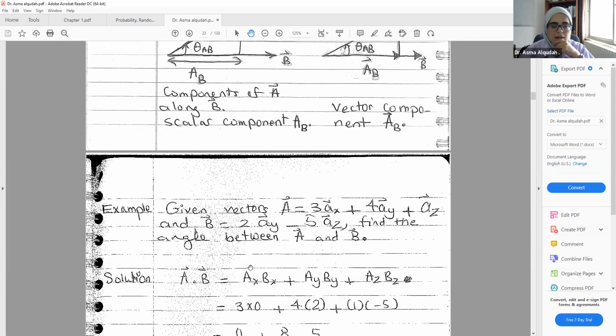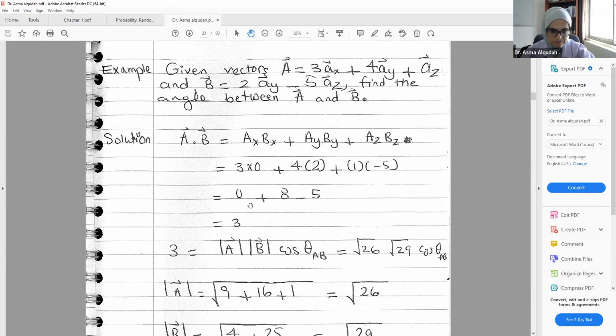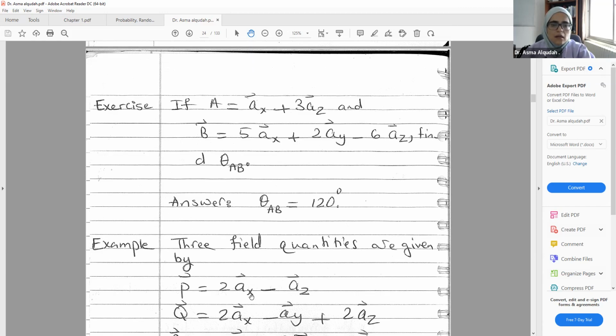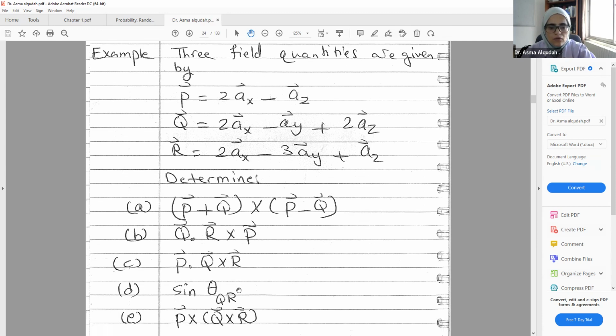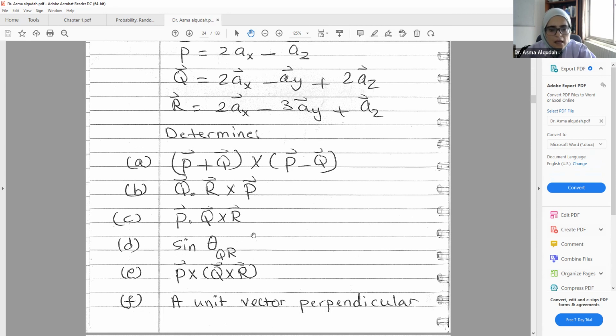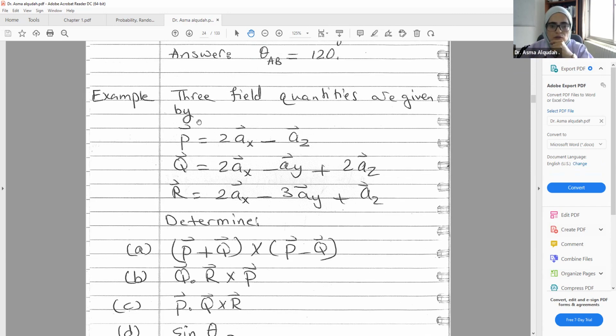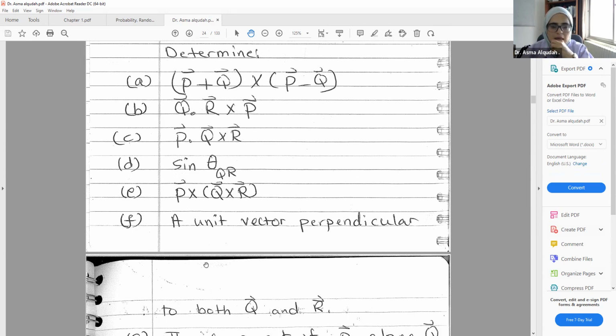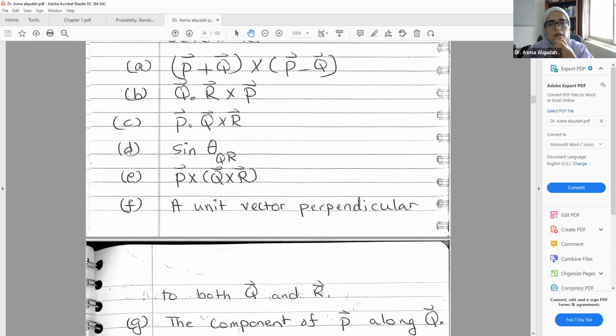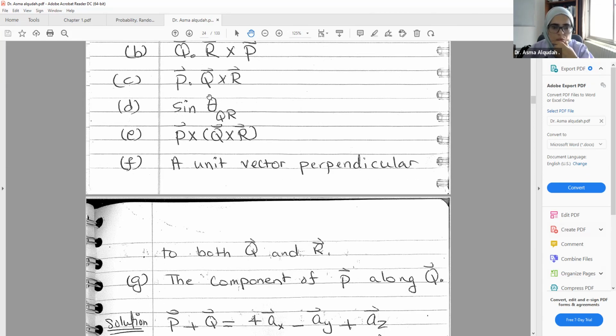Okay. And in the last lecture, we started a long example, and we did some of the requested questions, and I think we reached part D. So we had three vector fields, P, Q, and R, and part D asks for the sign of the angle between vectors Q and R. I think we did that part.